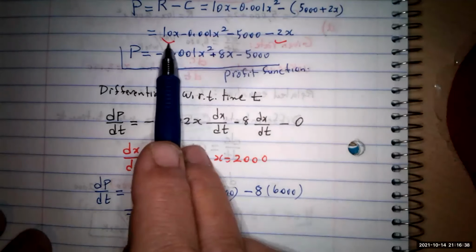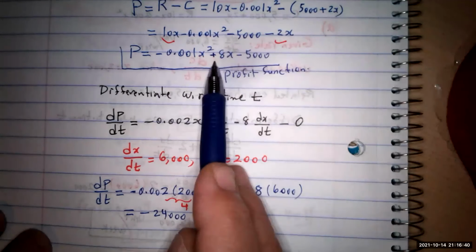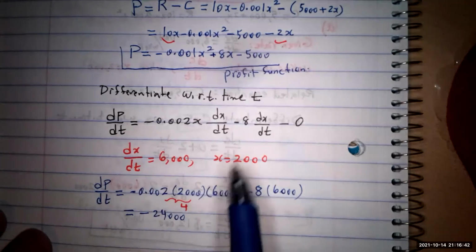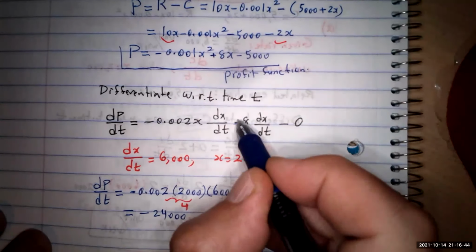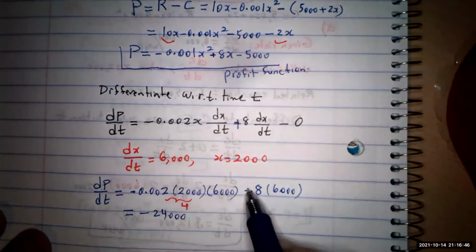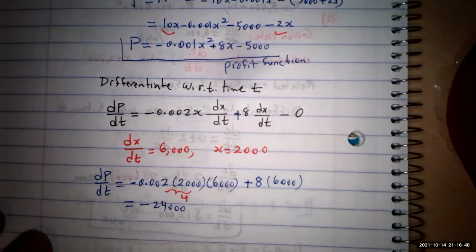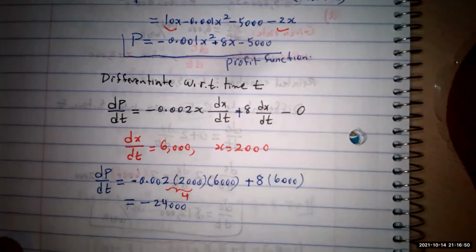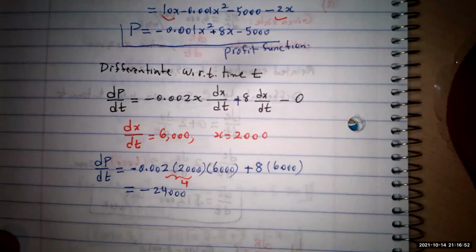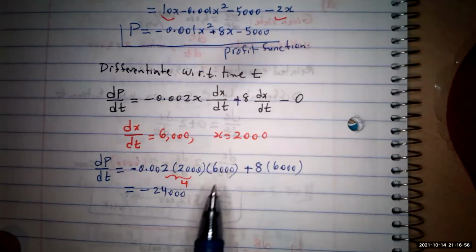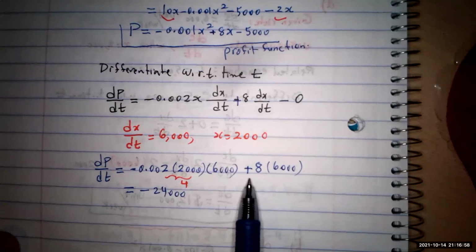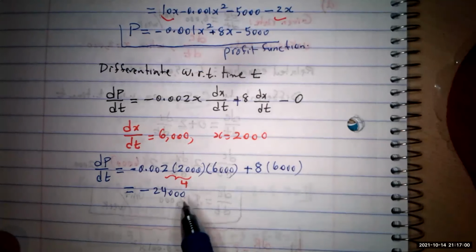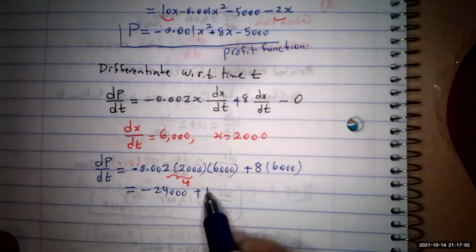So I have a positive here and I have a positive here. Now that makes sense. I mean, it can be a negative profit, in that case you're losing money, but not for this one. So that gives me a positive here, so that gives you 48,000.